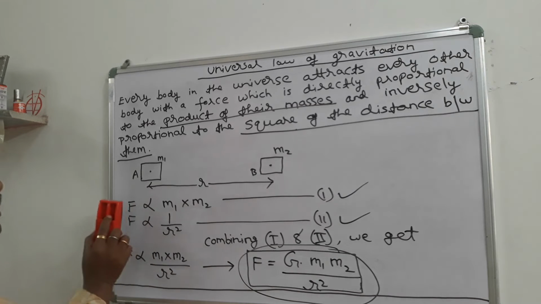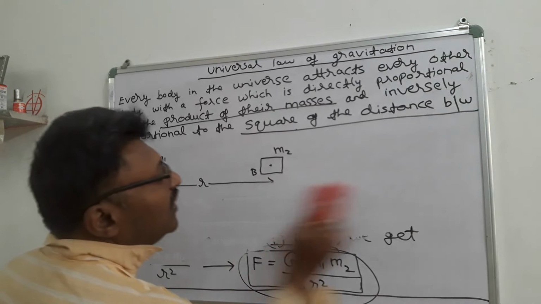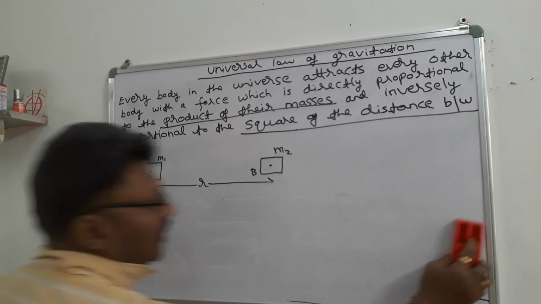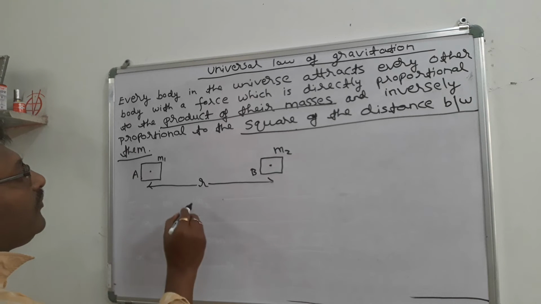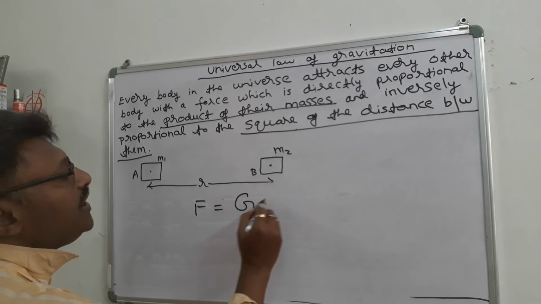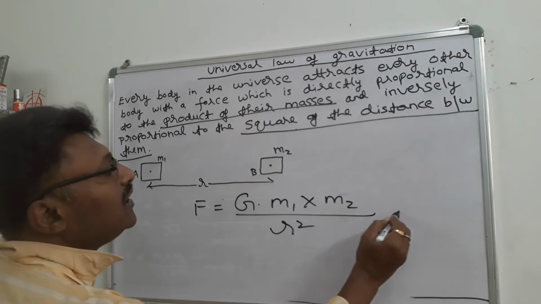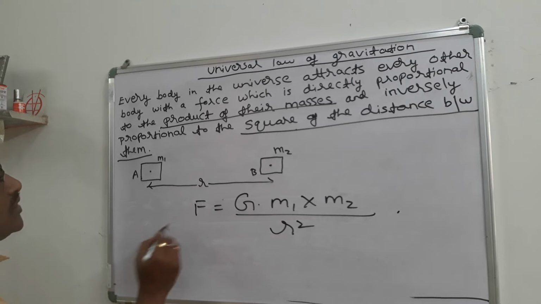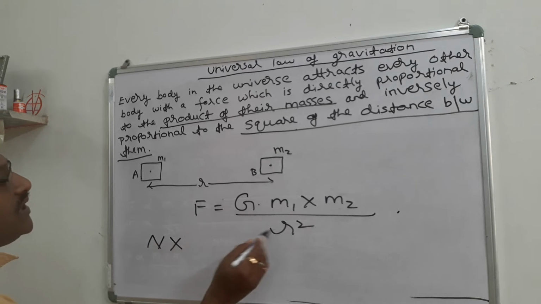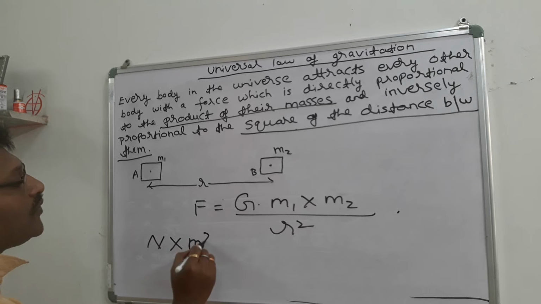Now units. Now F is equal to capital G m1 into m2 upon r square. So the unit of force is Newton, and the unit of distance is meter, so r square is m square.